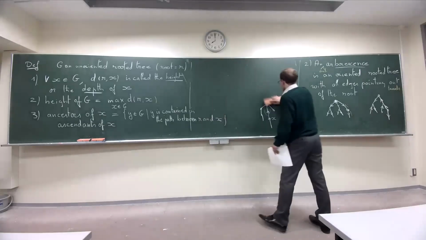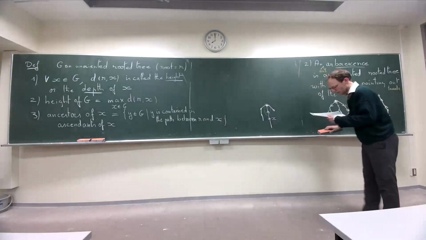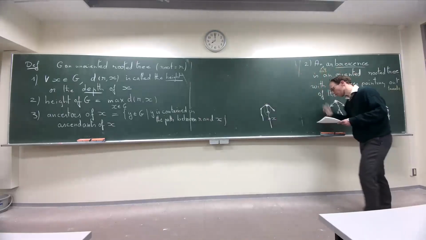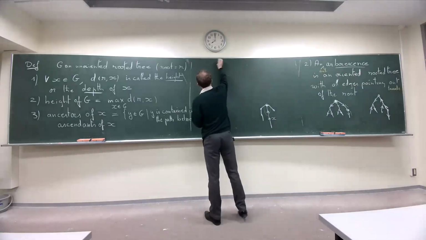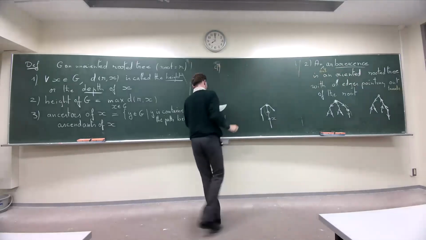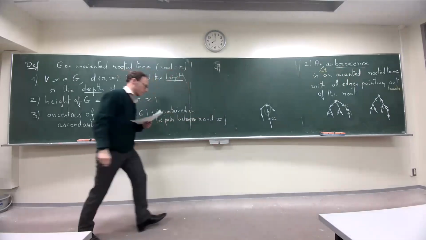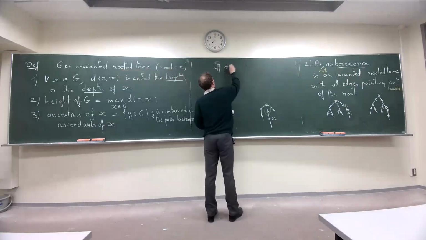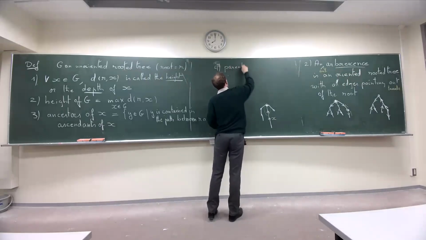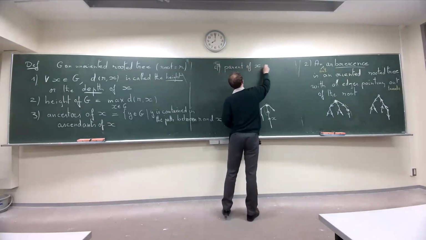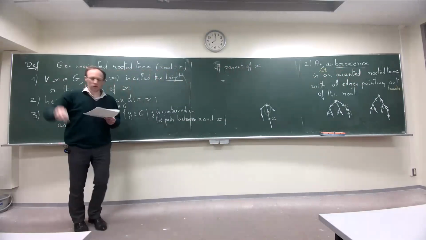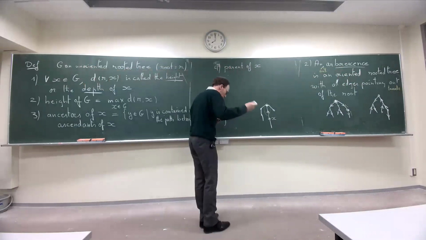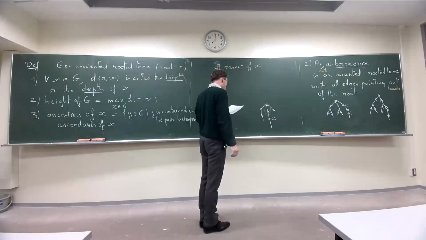Now, what are the children or the descendants? First the parent. What is the parent of X? You can imagine it's the one just above. How do you write it more precisely?